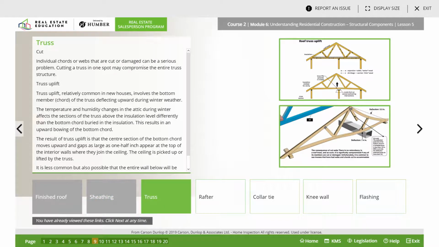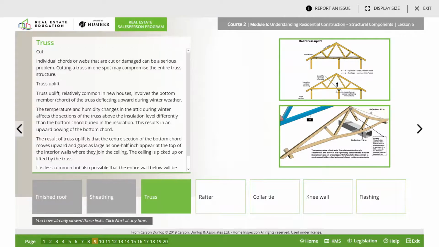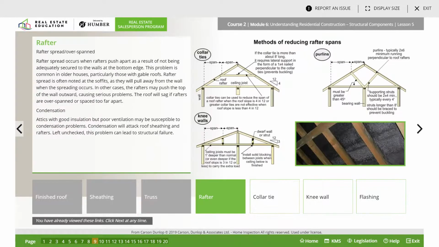Problems with trusses: there could be truss uplift, and what else? That's all there is. Truss uplift. And then the problems with rafters that can occur.